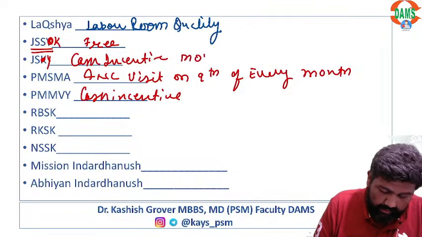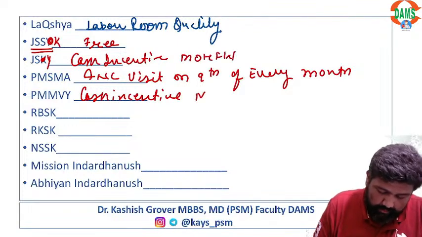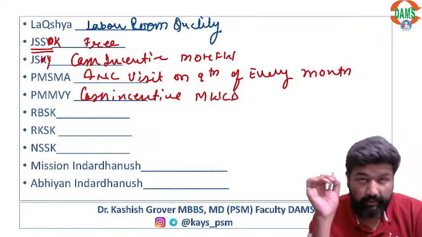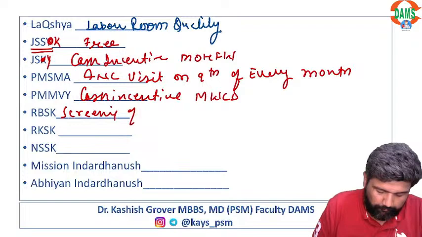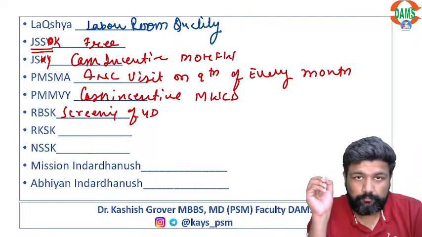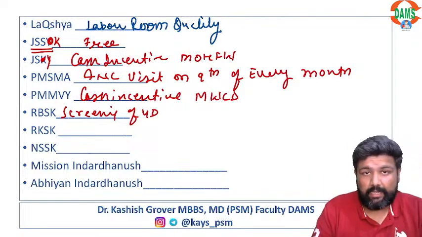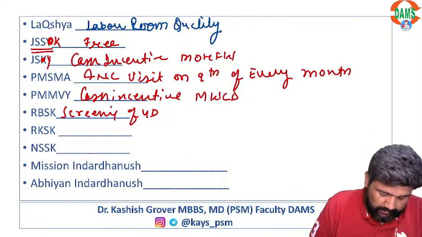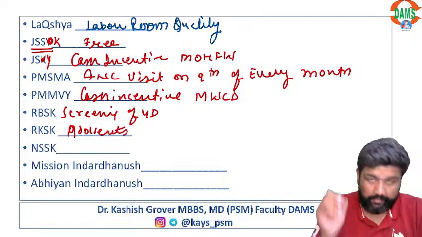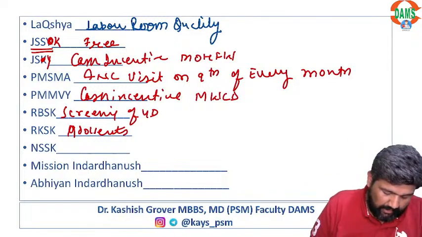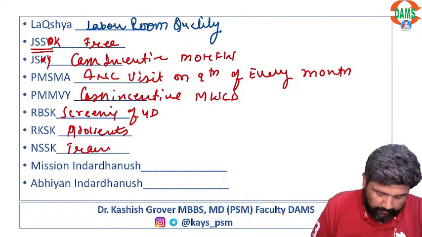Here ministries MOHFW, here ministries Women and Child Development, we have already discussed. RBSK is screening of 4Ds. RKSK, Rashtriya Kishore, this program is for adolescents. NSSK, this is for training.